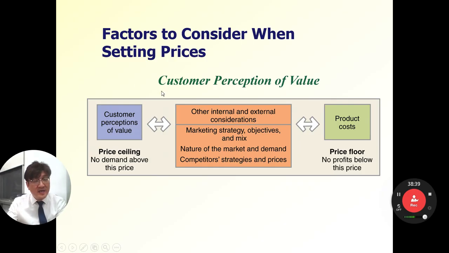We can also approach the optimal price from a different point, from the cost. If you decide the production cost first, and then add some markup and make the final price starting from the cost, that is what we call cost plus pricing.